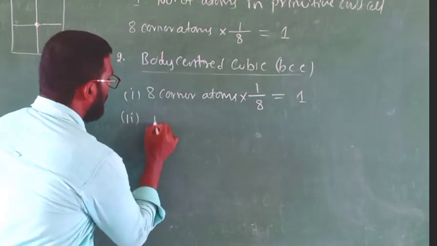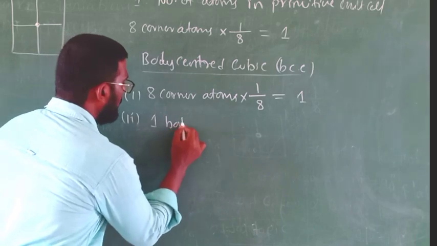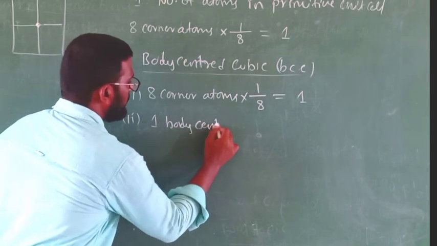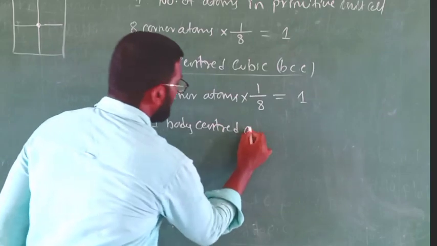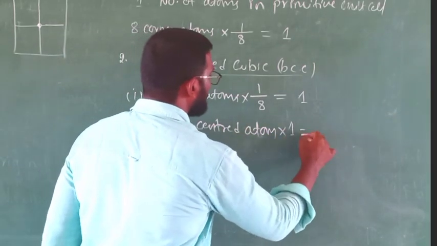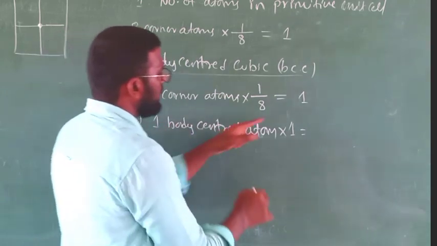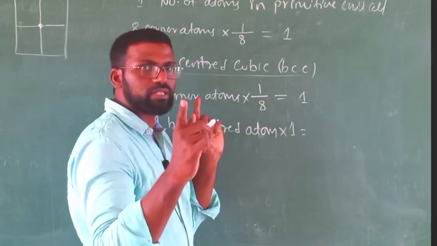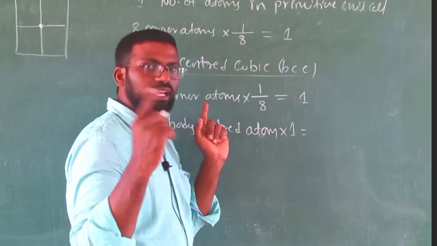So one body-centered atom into 1, its contribution is 1. That one body-centered atom belongs to one unit cell, it is not shared with any other unit cell.